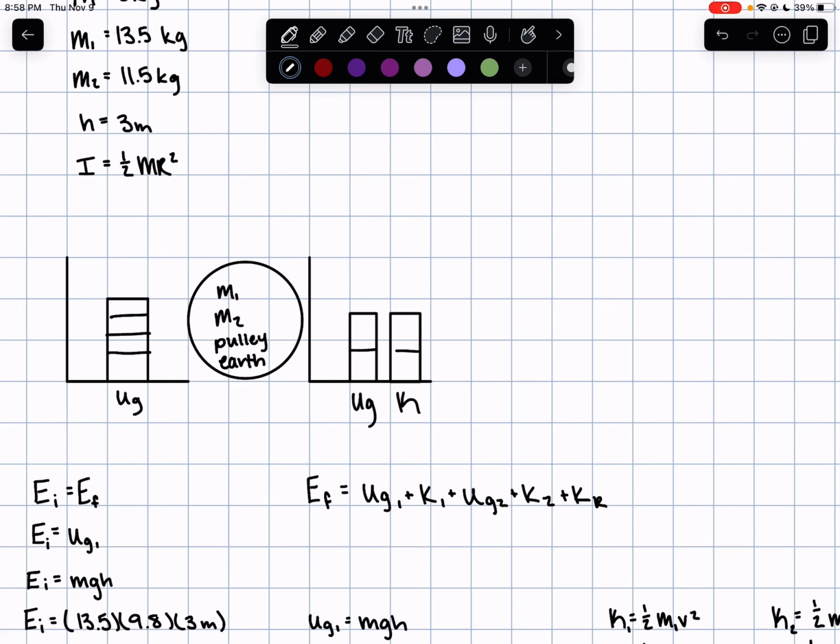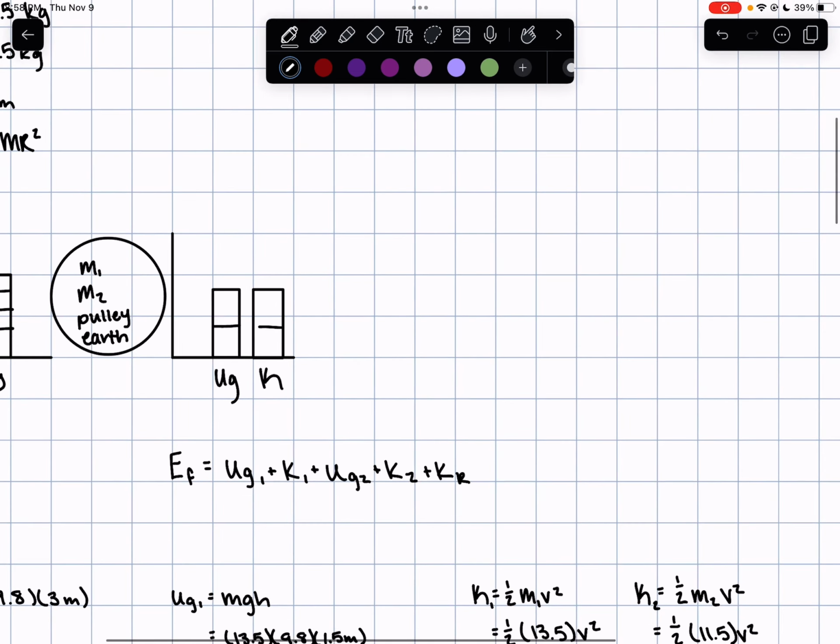So this problem can be quite difficult if you try and take it all in at once. So why don't we start by breaking it up into individual pieces? First, we know that the initial energy is equal to the final energy because of the law of conservation of energy.